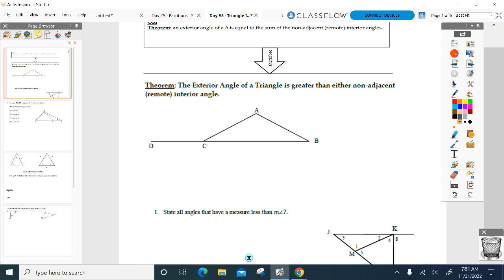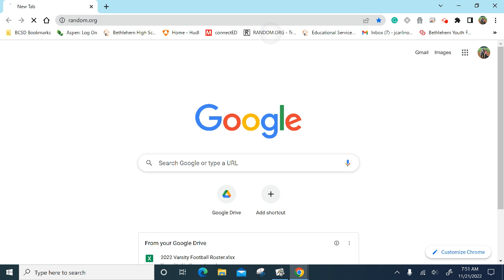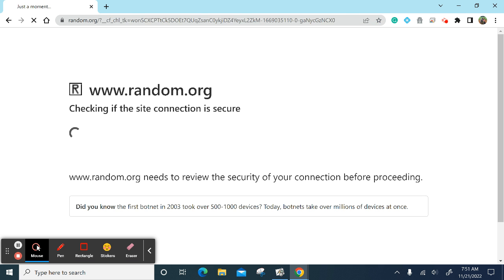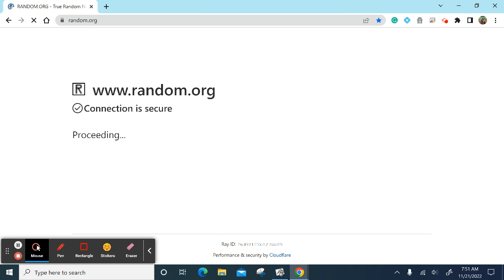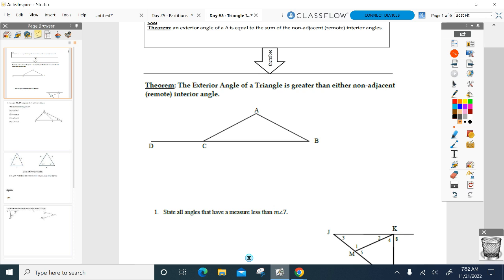So if I take my diagram right here, I'm going to ask somebody, give me an exterior angle on that diagram. There's only one on the diagram. Name the exterior angle on that diagram. All right, let's roll. 6, give me the exterior angle in this diagram. Angle DCA, yep.